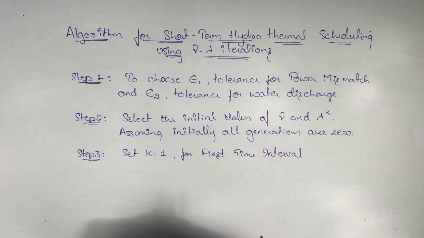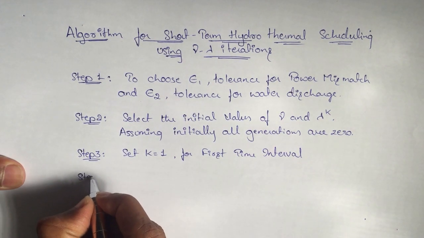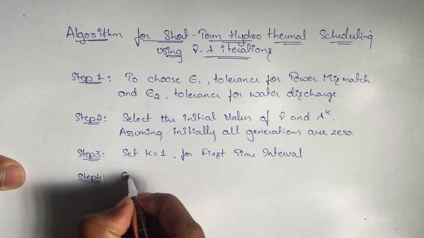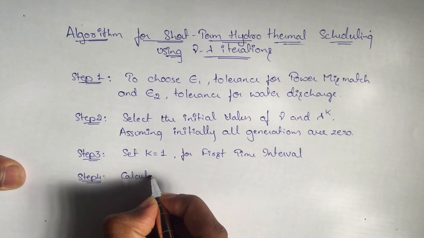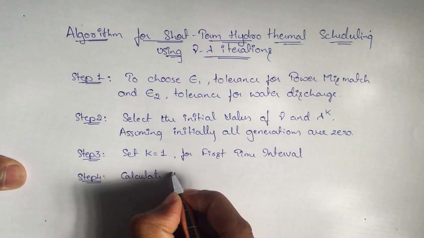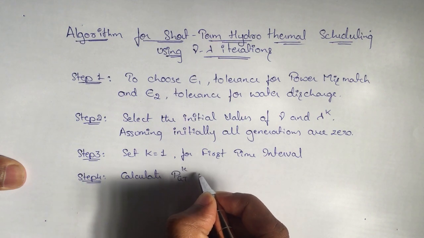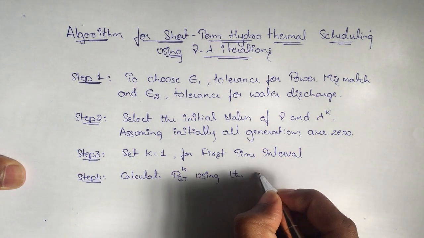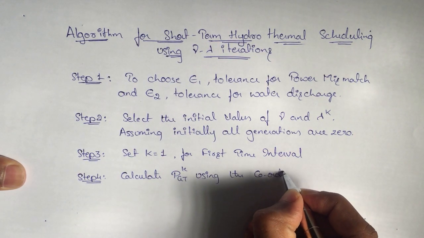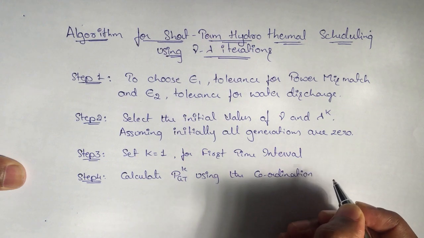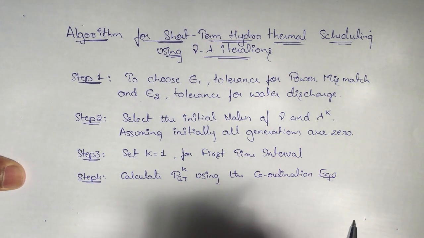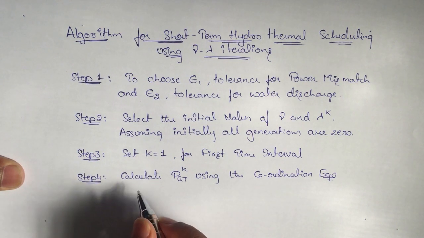After that, step 4, we need to calculate thermal power generation PGTK using the coordination equation. And we all know what the coordination equation is. In the previous video we discussed this.